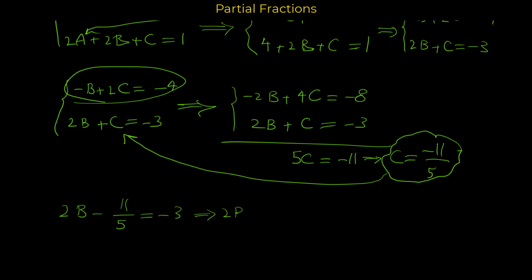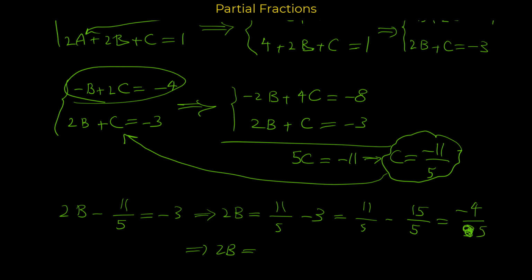So 2b equals 11 over 5 minus 3. 11 over 5 minus 3 is basically 11 over 5 minus 15 over 5 equals negative 4 over 5. So this equals negative 4 over 5. And so b is negative 4 over 10 or negative 2 over 5.